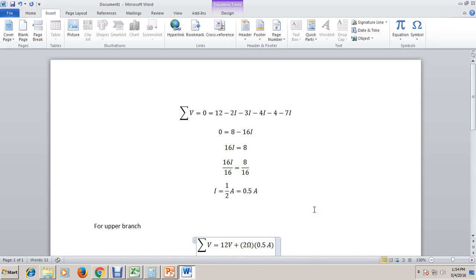This gives us the voltage drop for the 2 ohm resistor. And remember, in our given equation, we have the term 2I as equal to negative. So therefore, this is negative.